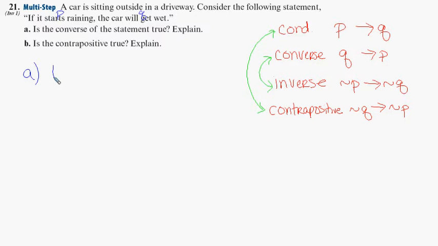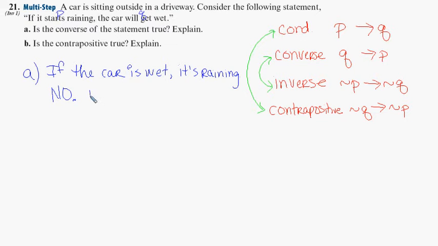So if the car is wet, obviously we're going to assume that this is happening outside. If the car is wet, it's raining. Now I know I don't have my then word there, but it's implied. Then it's raining. Is that true?